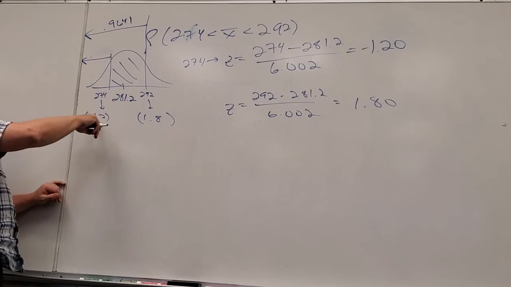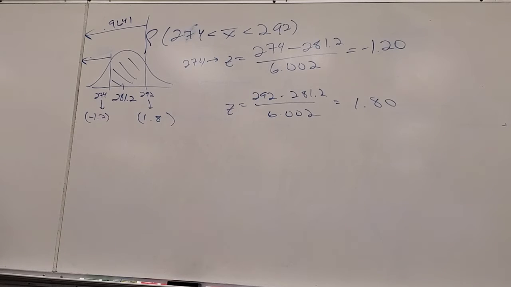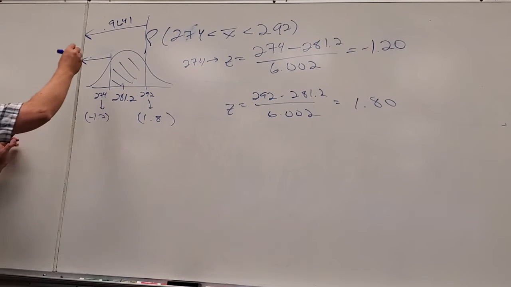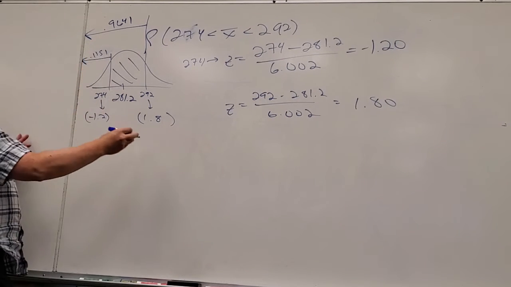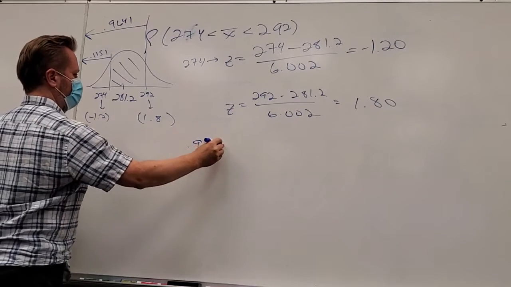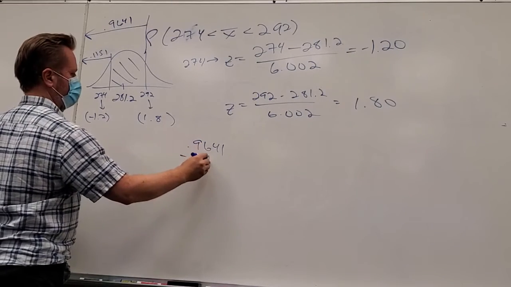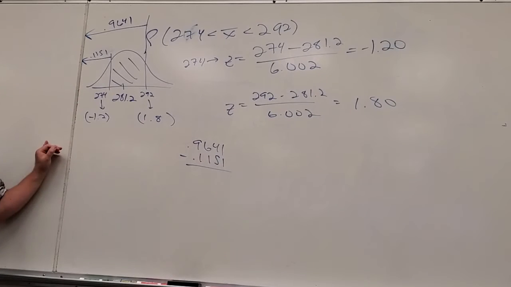What do you guys get? Negative 1.20? 0.1151? 1151. So now it should be this. So whatever that is.